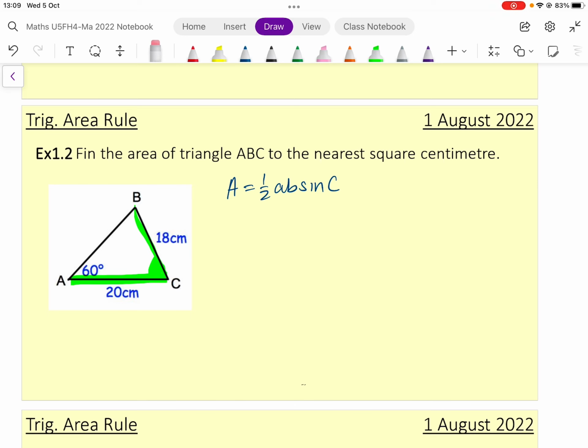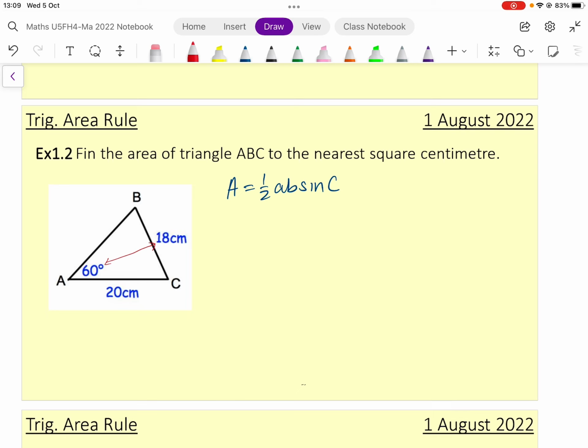So really, I'm going to need to find the angles in the triangle. Specifically, I want to find this one. So we need to think about what we can do here. Now, we do know that we have the sine rule and the cosine rule that can help us to find angles in triangles. And because I've got the 60 and the 18, which are opposite each other, I'm thinking the sine rule would be a good choice here.